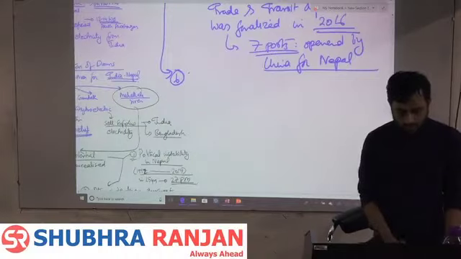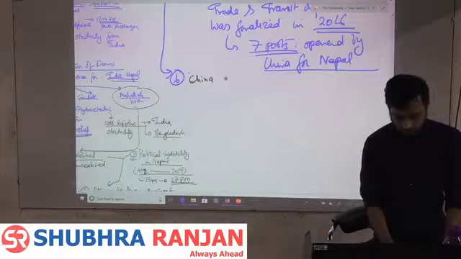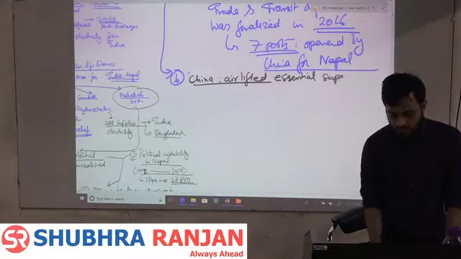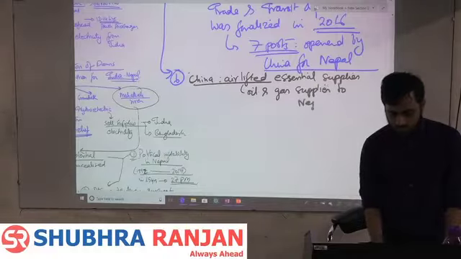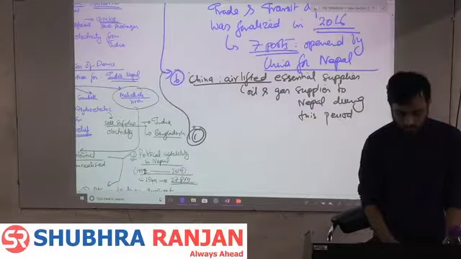So India did not want to antagonize the Madhesi population also. So India did not airlift, but China airlifted essential supplies, including oil and gas supplies, to Nepal during this period. That's there.